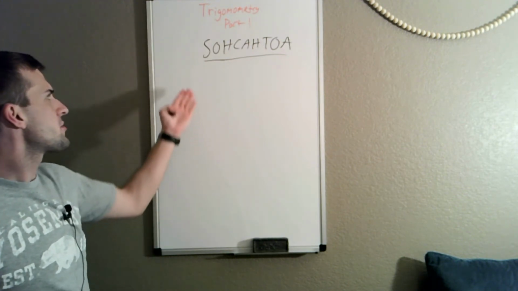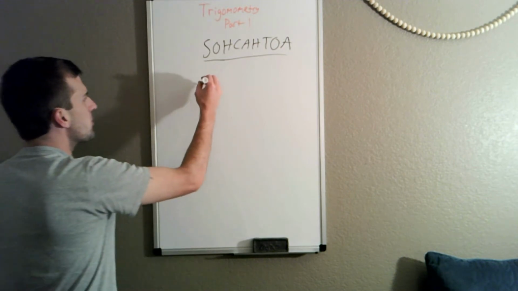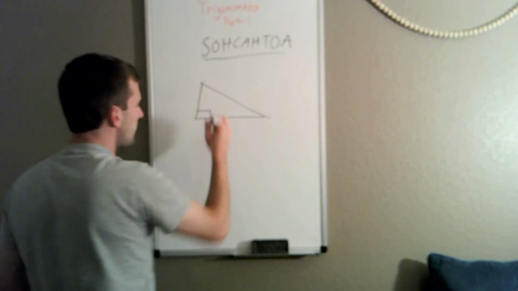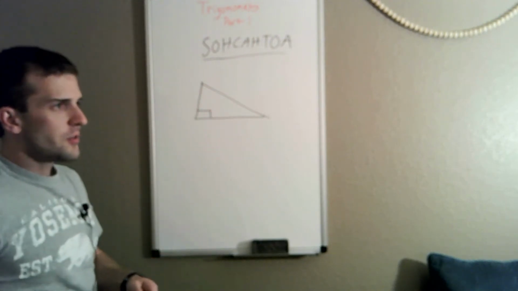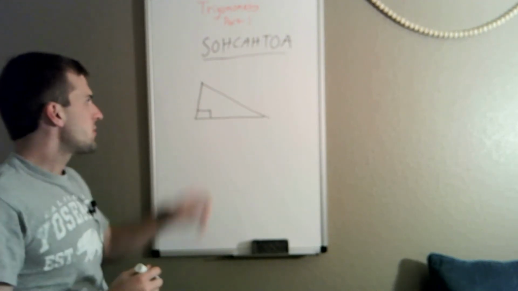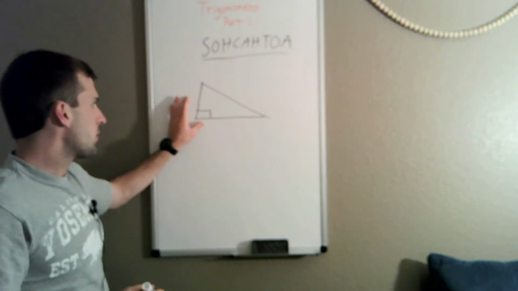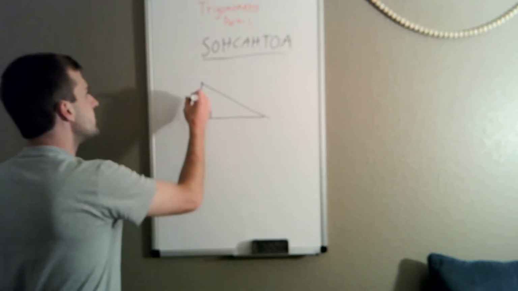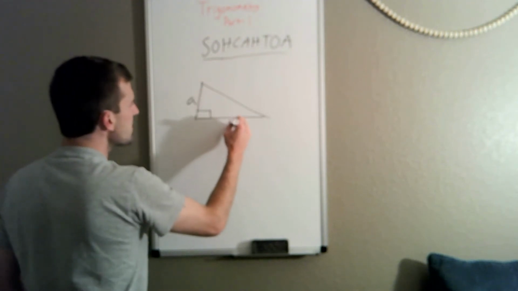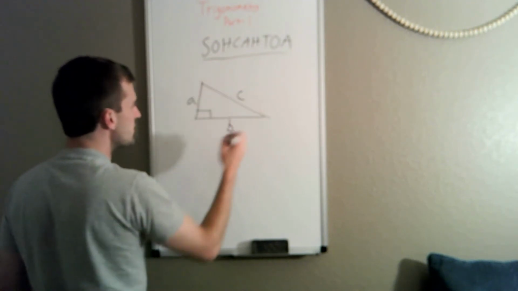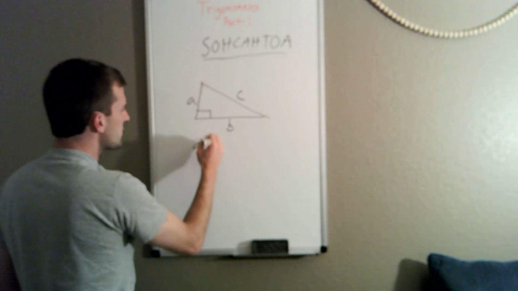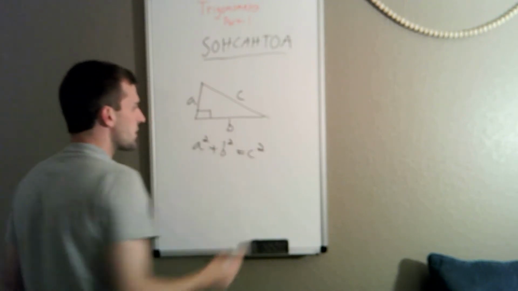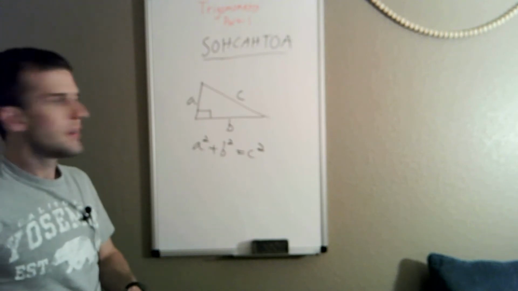So these trigonometric functions are useful when you're trying to analyze a right triangle. Previously, when we have two sides of a right triangle, we can find the third side using the Pythagorean theorem. So if this side was side A, this is side B, this is side C, we know that a squared plus b squared equals c squared from geometry.